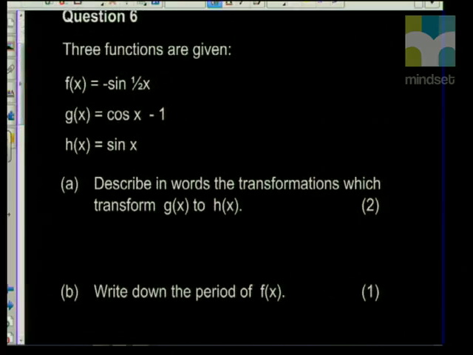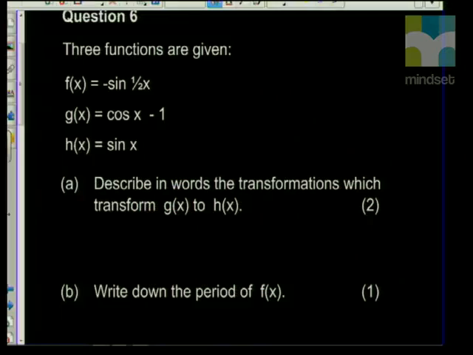We're just going to run through our graphs, because we have run out of time. You've got your three functions. You've got f of x equals minus sine of half x, g of x equals cos x minus 1, and h of x equals sine x.